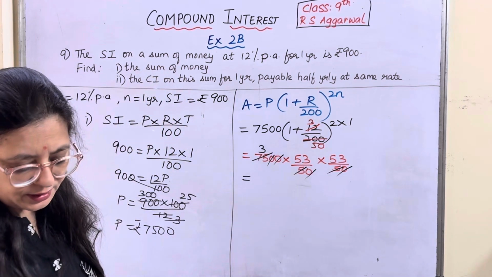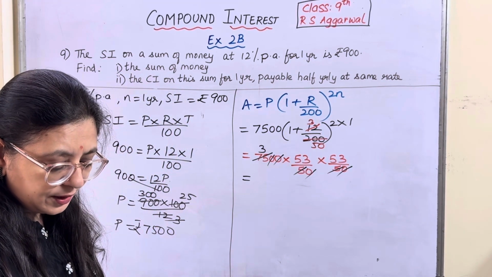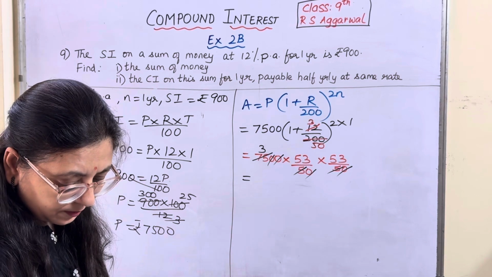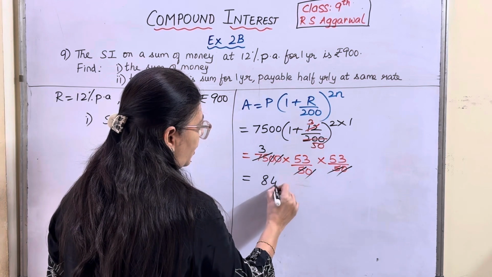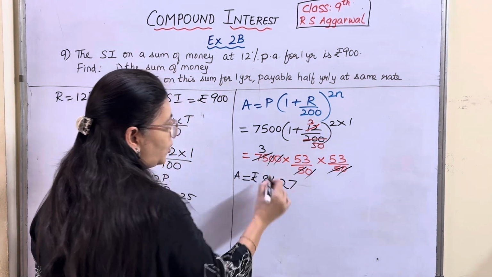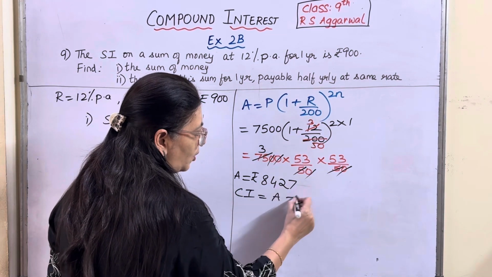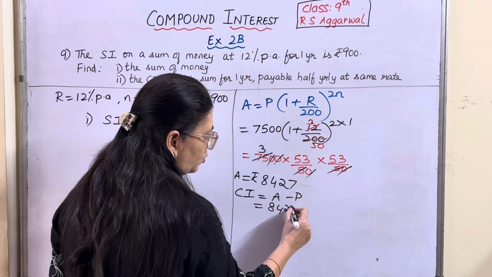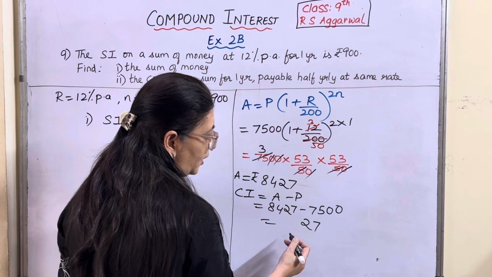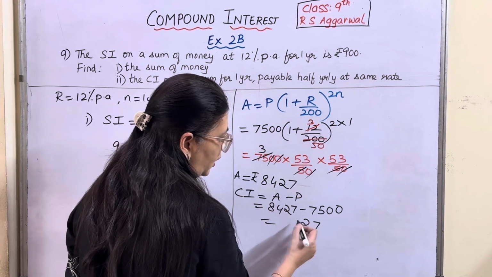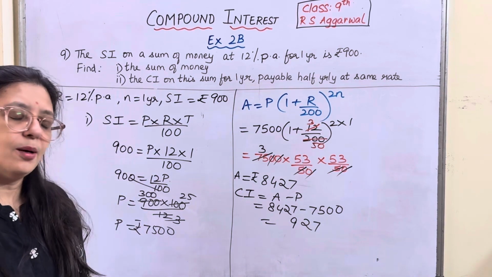So amount is 53 into 53 times 3, which is 8,427. This is your amount. Okay. You have to find the compound interest. So compound interest is amount minus principal. 8427 minus 7,500 is 927. Yes, I hope it's clear. Come on, let's go to the next one.